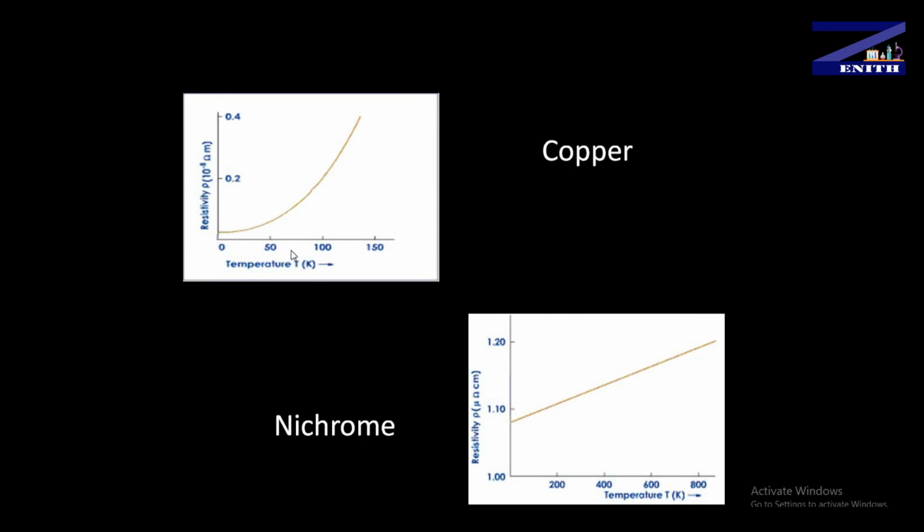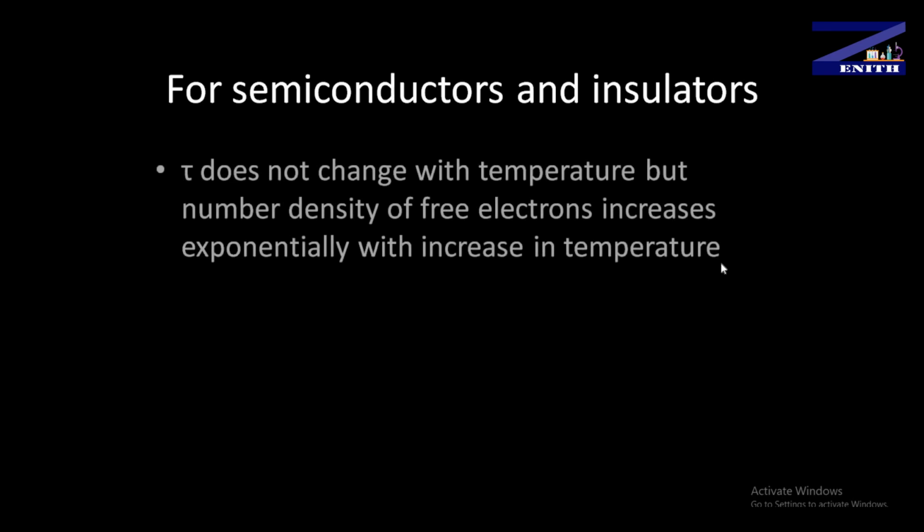As we have studied, as the temperature increases, tau decreases and the resistivity increases. And in this graph itself we can see as the temperature is increasing, the value of resistivity is also increasing. So it is verified. Let's see for the semiconductors and the insulators. Tau does not change with temperature, but the number density of free electrons increases exponentially with increasing temperature.